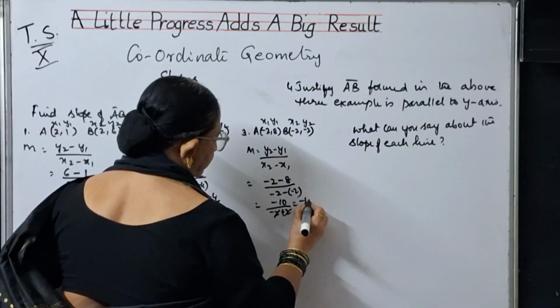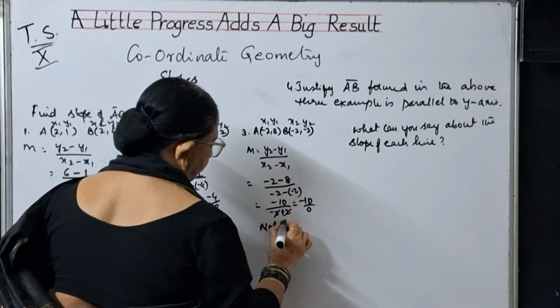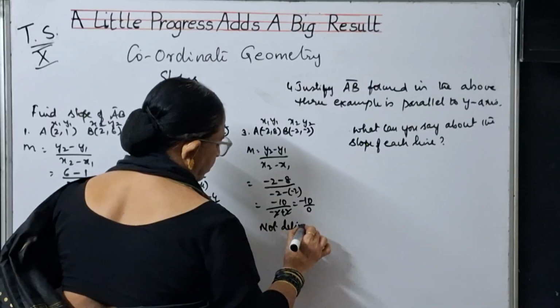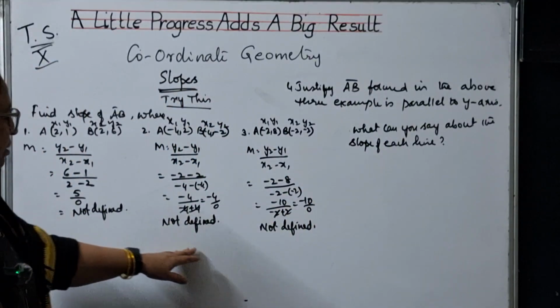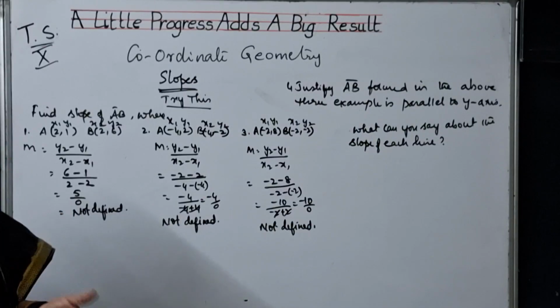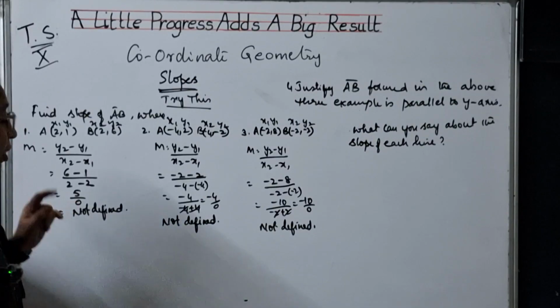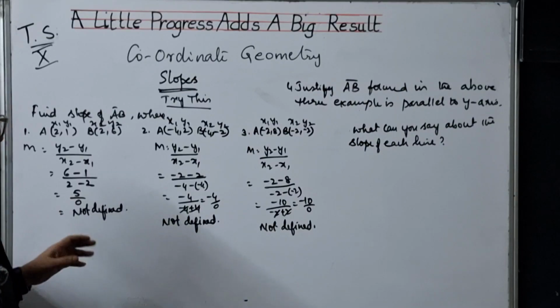Here again minus 10 by 0. So this is also not defined. So in these three cases, you are not getting any slope value because you have got 0 in the denominator. So it is not defined, it cannot be defined.